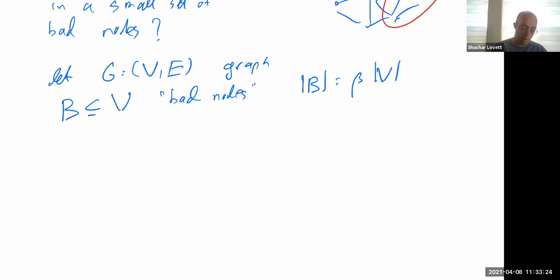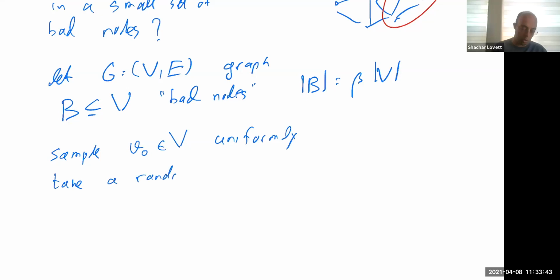We're going to sample V0 in V uniformly. So the first starting node is just random. But then we're going to take a random walk from V0, so we're going to get V1 up to Vt for some parameter t.